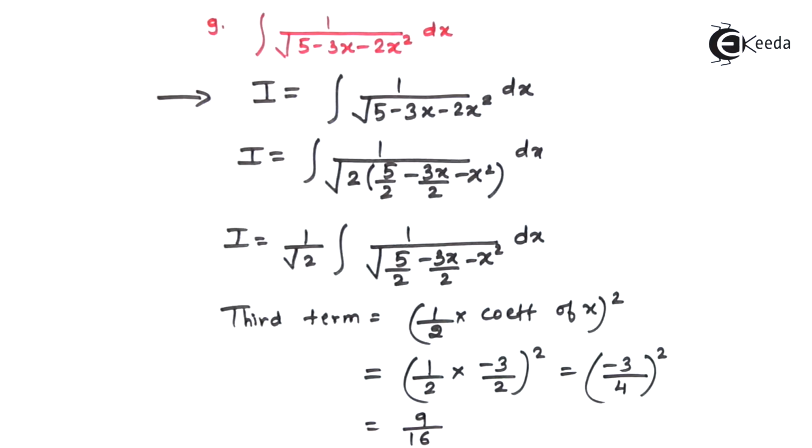Now let us add and subtract this term in the denominator. As x square is negative, we need to give it negative third term and adjust the positive third term with the first constant, that is 5 upon 2.